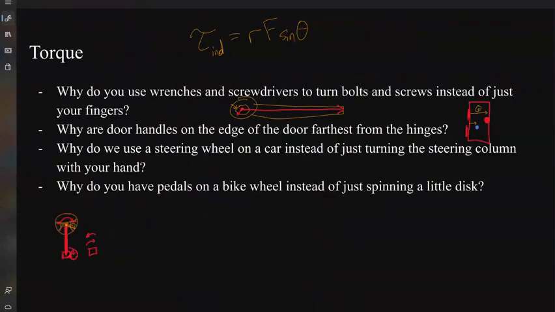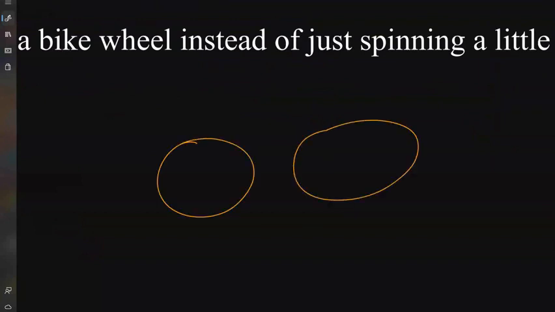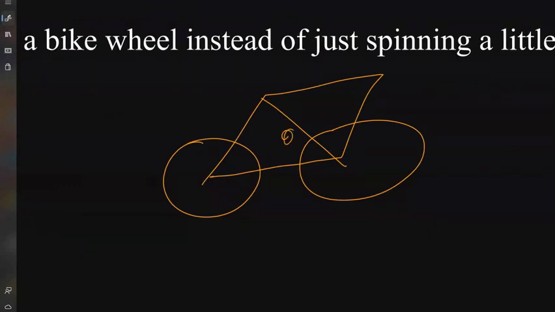One last one. Why do we have pedals on our bike instead of just spinning a little tiny disc? Well, hopefully you are in the habit of how we're going to answer these questions by now. Here's your bike, and our pedals right here.